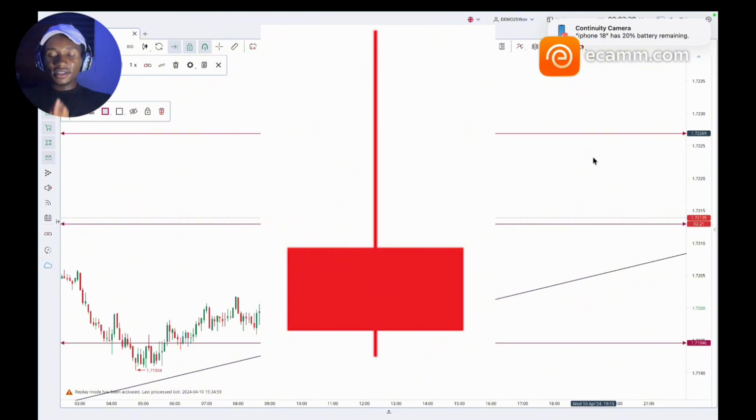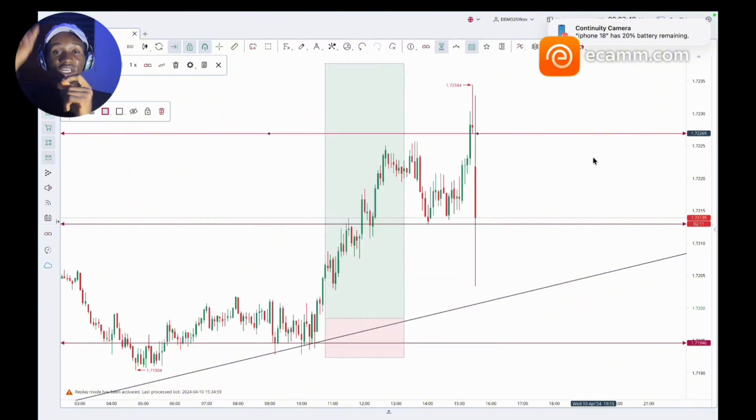So basically, whenever you see a long wick, if it has been going in an uptrend direction, then you see a very long wick and it closes as a red candle. If in an uptrend you see a long wick and it closes as a green candle, okay, price might still go up. But if it's a long wick and it closes as a red candle, in fact, 90% of the time that's a change of the trend.